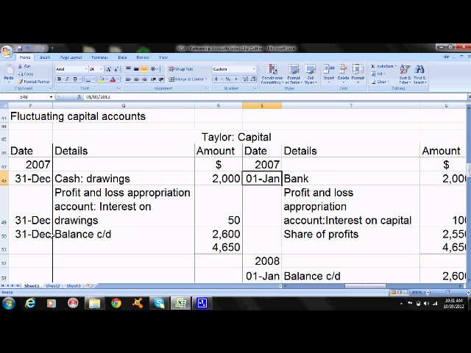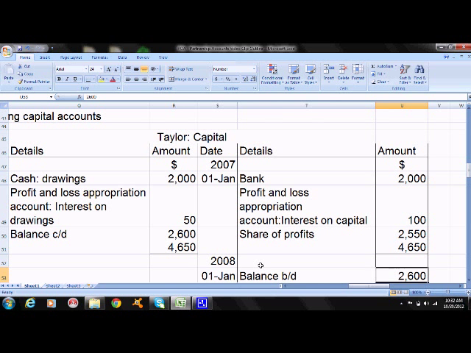So this came in on the 1st of January 2007, and we record it at the first in that case. Remember that one. And then balance brought down. Sorry about that, it should be balance brought down. So that is 2,600.